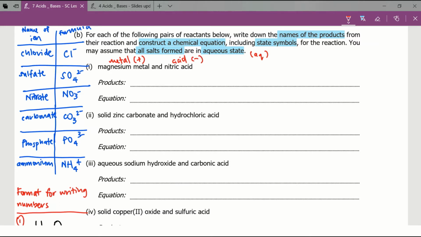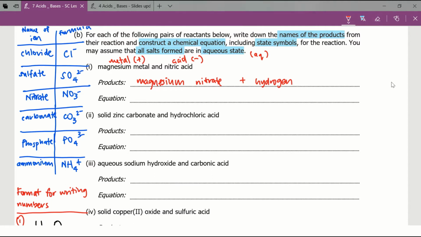So what do we have here as a salt? The salt will be magnesium, and for nitric acid, the negative ion is nitrate. And the byproduct here is hydrogen gas. Just writing it as hydrogen is sufficient.